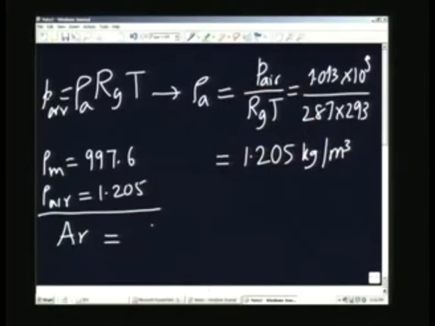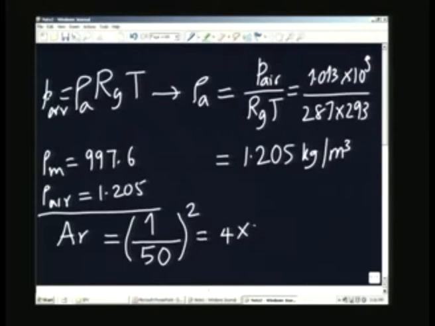This will be given by 1 millimeter diameter for the tube, and the diameter of the well is 55 centimeters. So, this will be proportional to the square of this, and this comes to 4 into 10 to the power of minus 4. There is no dimension because it is the ratio of two areas.